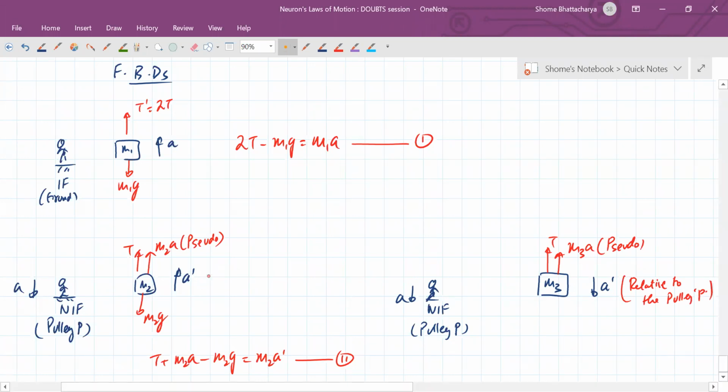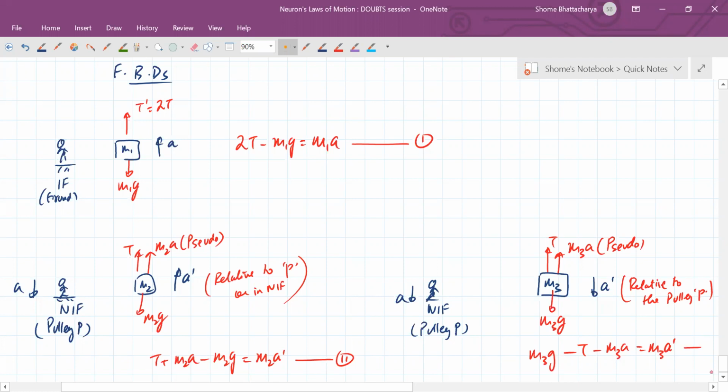Same here. This is the acceleration relative to the pulley P or in the non-inertial frame. Okay. So for this, the equation will become m3g minus T minus m3a is equal to m3a prime.